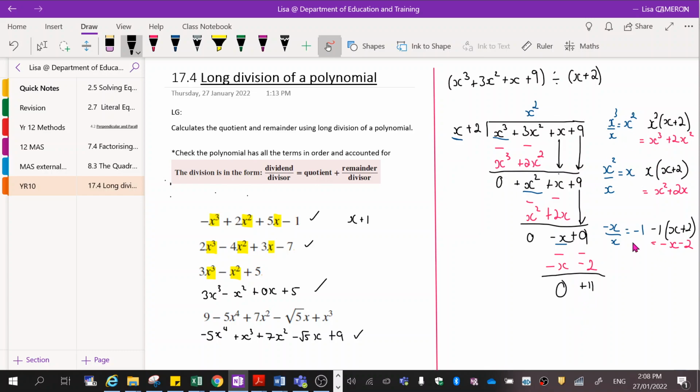So I've forgotten to put these terms back up here. So if you do miss it, it's always the answer for this part here. So x squared plus x minus 1, and then we've got remainder 11. So this is our quotient.